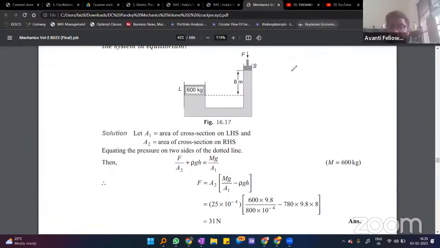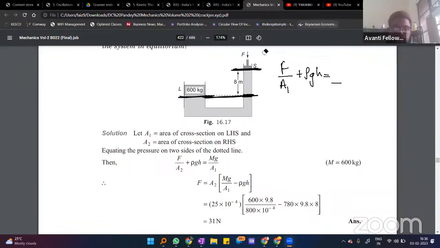See, here the pressure on the top portion will be equal to force by area, plus on going downwards 8 meter it will be equal to rho gh. Now this total pressure is the pressure at this point. Pressure at this point should be equal to pressure at this point, right? Because horizontal pressures are equal. That will be equal to force by area. And what is force in this case?